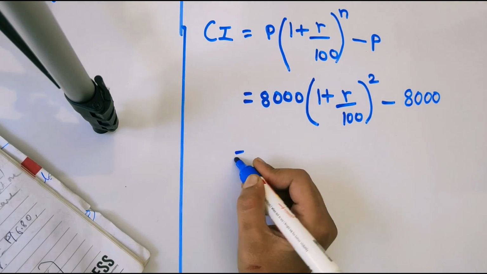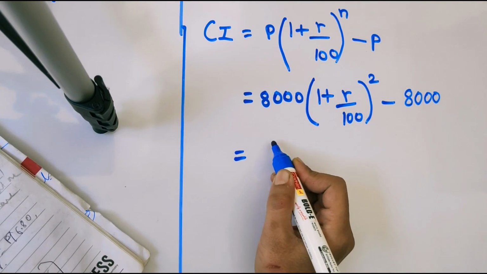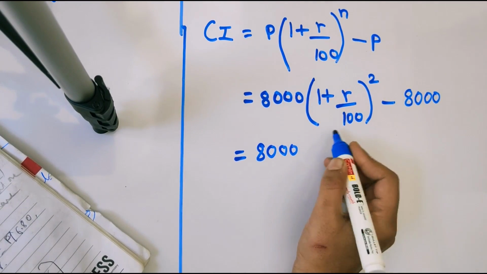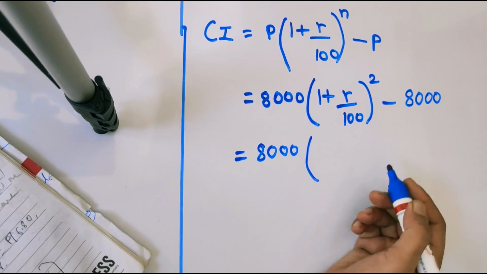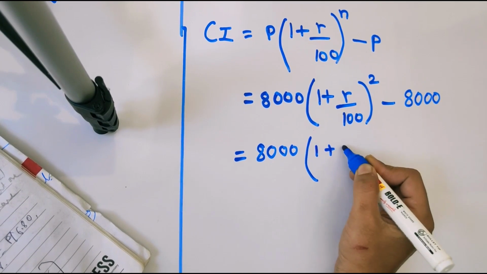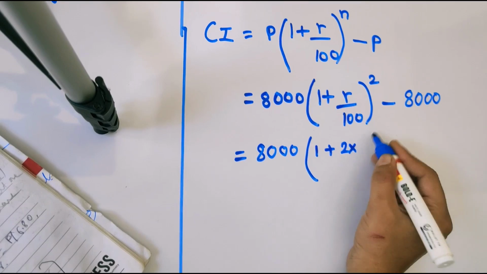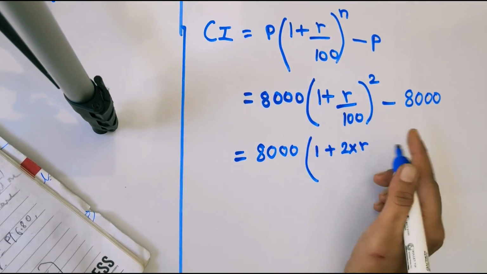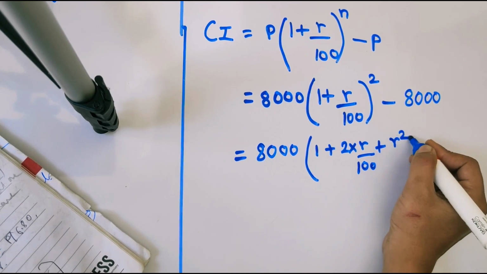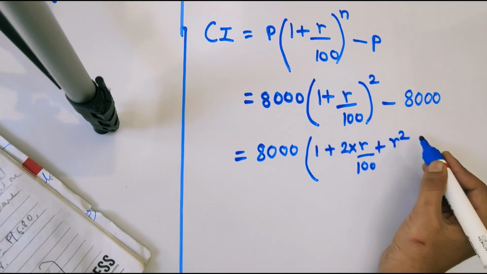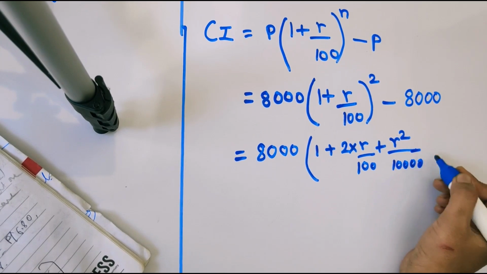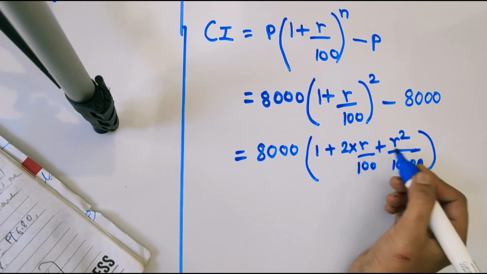Now let's simplify this. 8,000 will remain as it is. This is in the form of (a + b) the whole square. That means a square plus 2ab plus b square. A is 1 only. 2 into 1 is 2 only. 2ab plus b square, that is r square. The square of r is r square and the square of 100 is 10,000, 4 zeros.